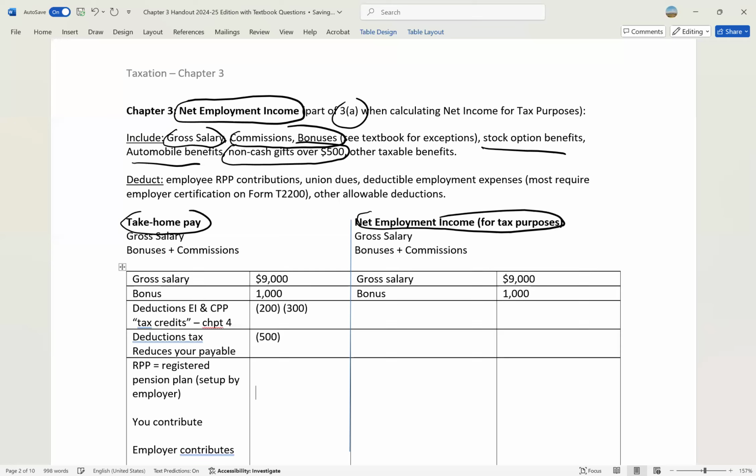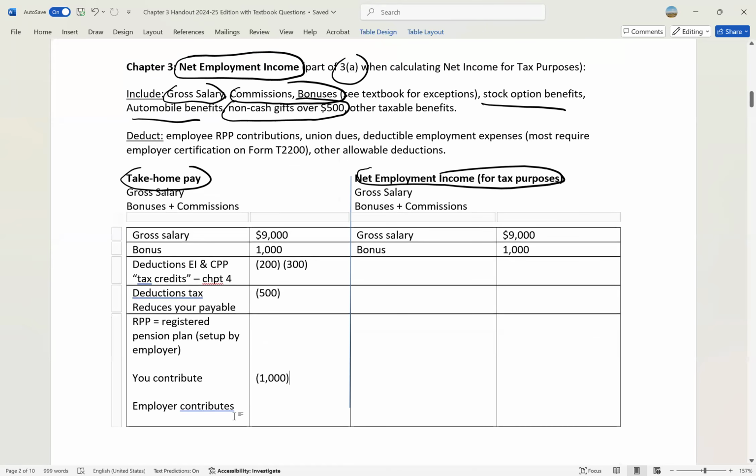So let's say that you contribute $1,000. They take it off your paycheck, and so that actually reduces your take-home pay.